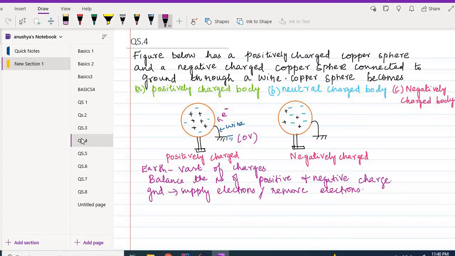The electrons will move from the earth towards this conducting sphere so that both proton number and electron number will be equal and it becomes a neutral body.